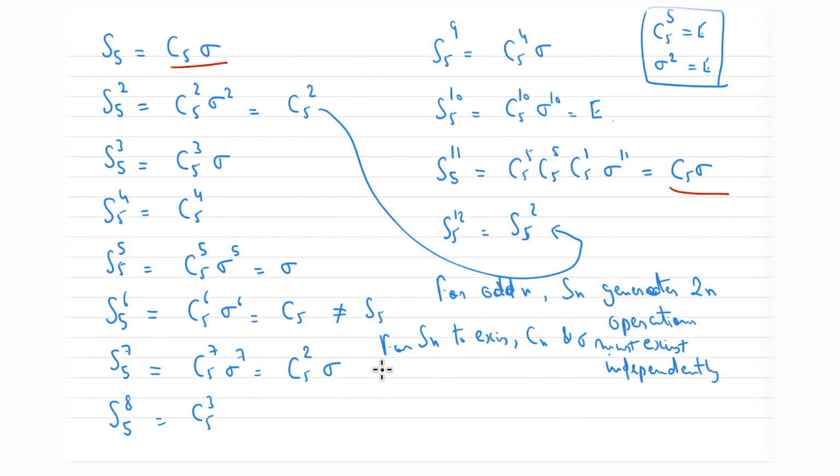So this is for odd n. Okay. So for odd n, for Sn to exist, Cn and sigma must exist independently.